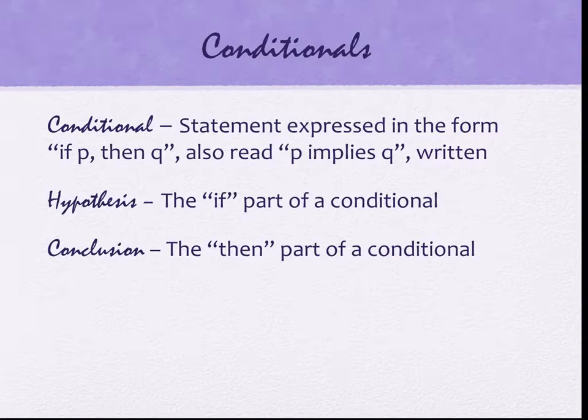A conditional statement is a statement expressed in the form of if P, then Q. It can also be read as P implies Q. And symbolically, it's a P and then an arrow and then a Q. That's what the symbols look like. It's got an arrow in it. The hypothesis is the if part of the conditional, and the conclusion is the then part of the conditional.